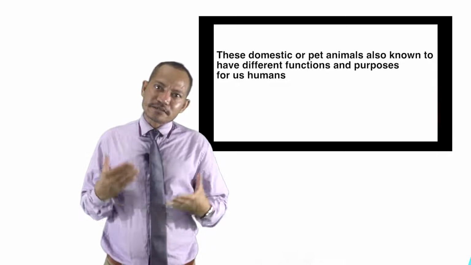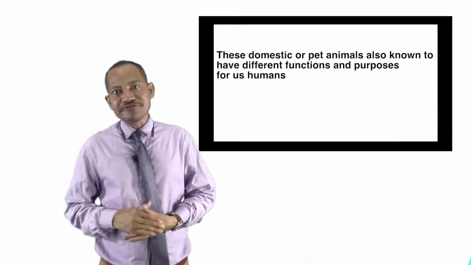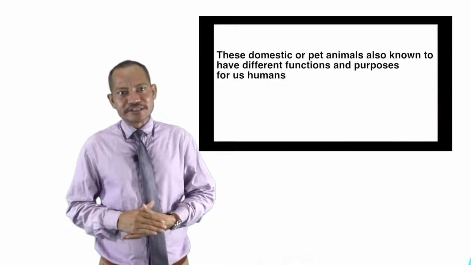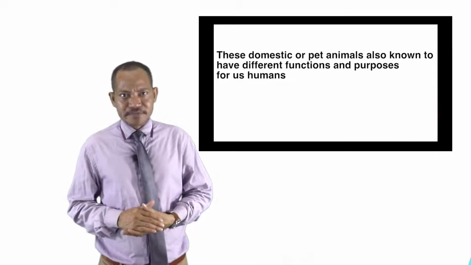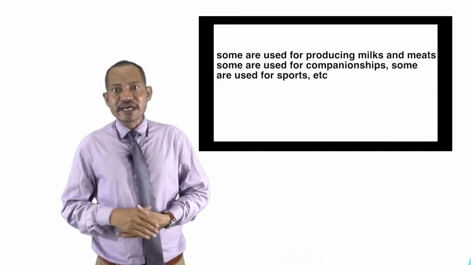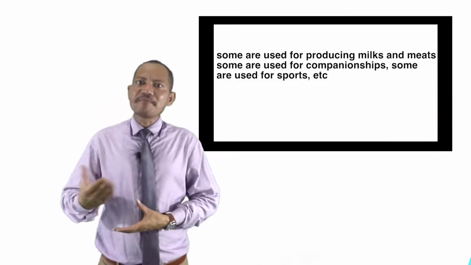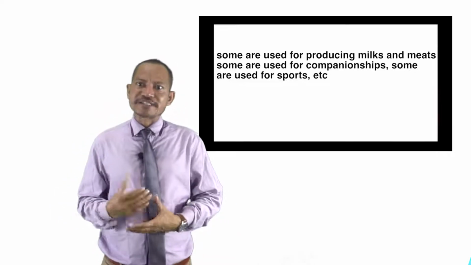These domestic or pet animals are also known to have different functions and purposes for us humans. Some are used for producing milk and meat, some are used for companionship, some are used for sport, etc.